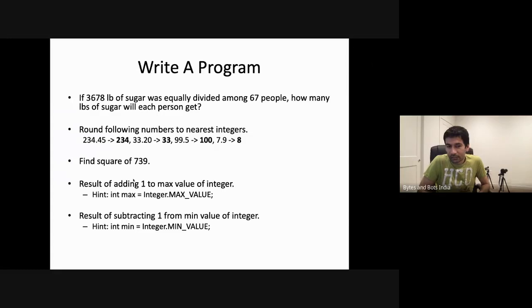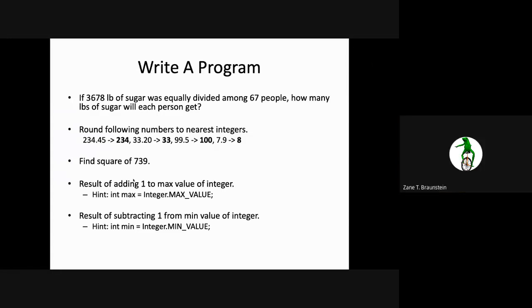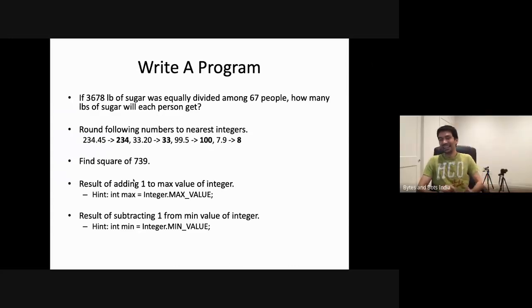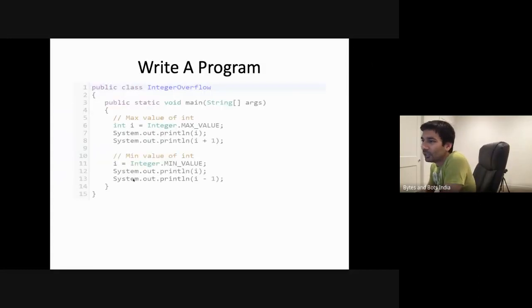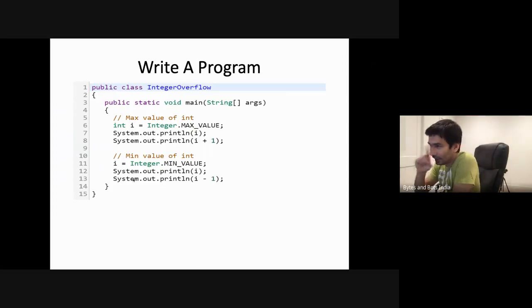So why will it not become 0? I don't know. I'm just assuming that's what it does. It's a good guess. That's the right guess actually. But there's a reason for why that happens and why it doesn't become 0. If you guys want to try it yourself, you can literally write it.